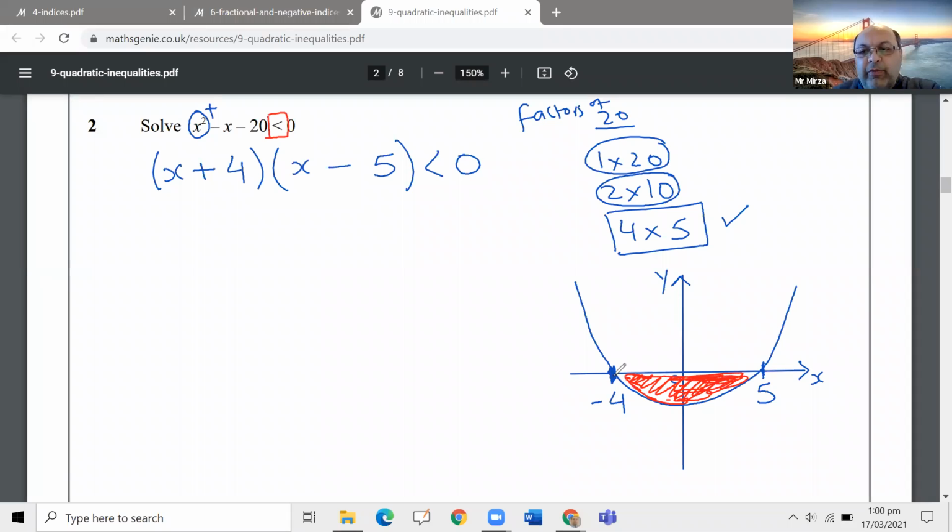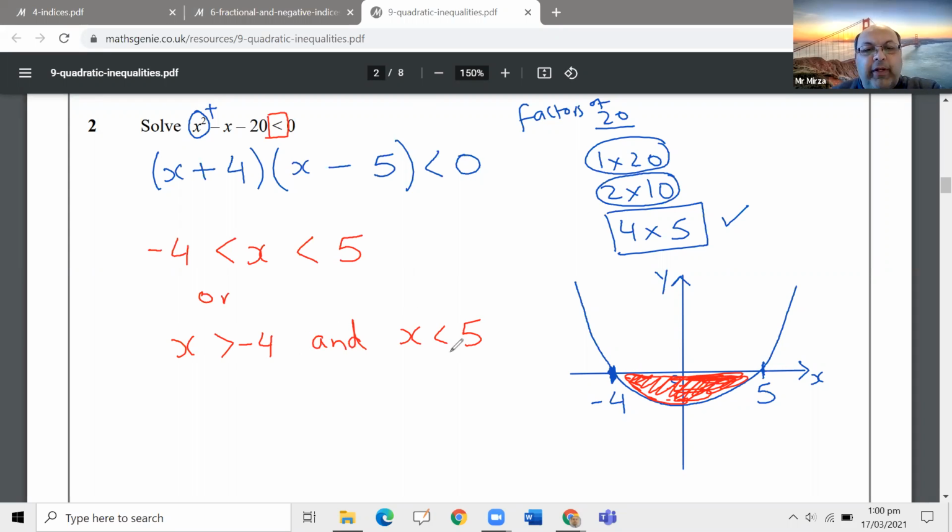So the values of x in this range is from -4 less than x less than 5, or you can say x has to be bigger than -4, and x is less than 5.